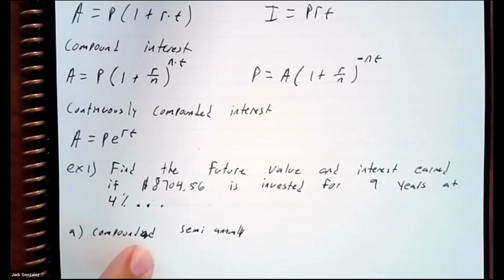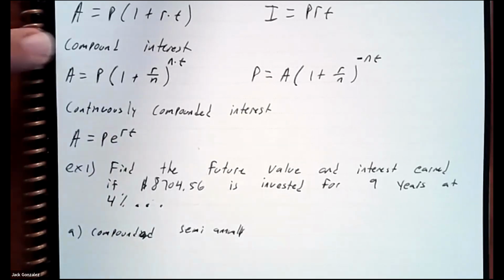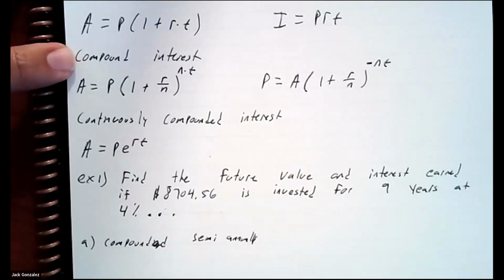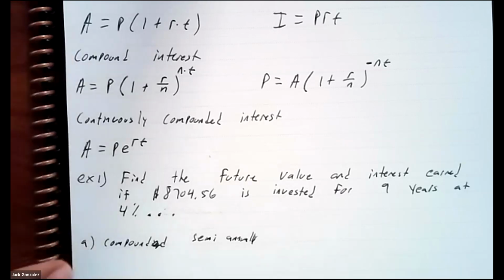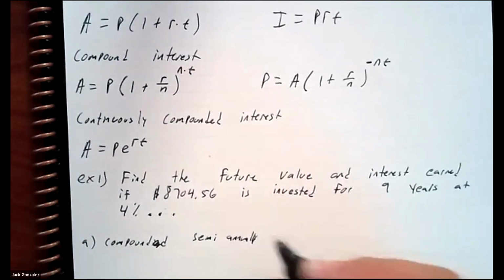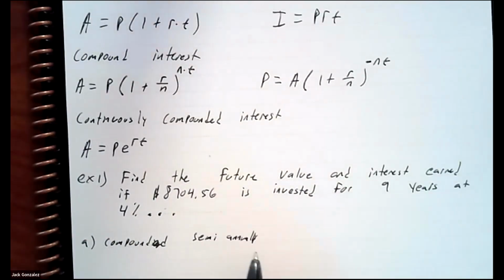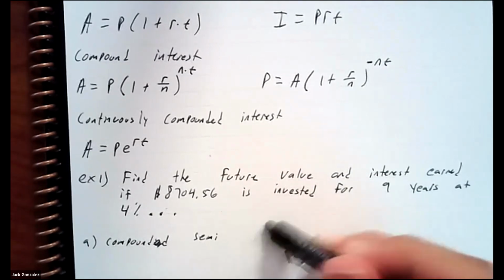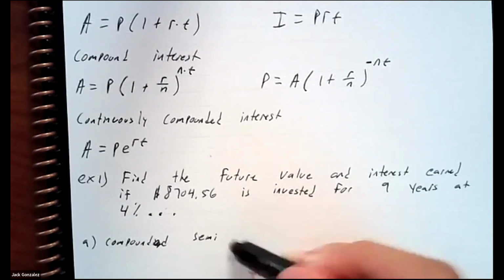So if they say compounding, you should be thinking of this formula here. And we have to label what everything is. So they mentioned compounding semi-annually. So how many times per year is that? Is it 6?